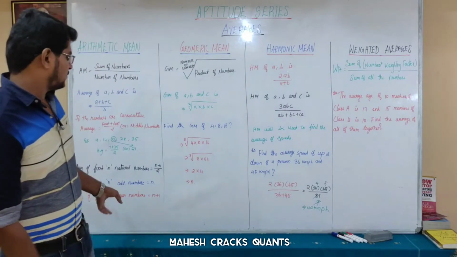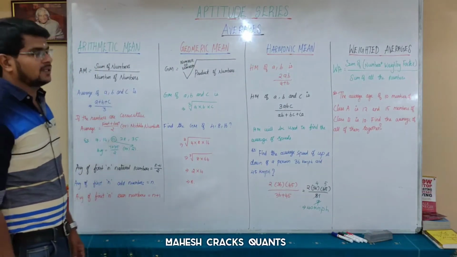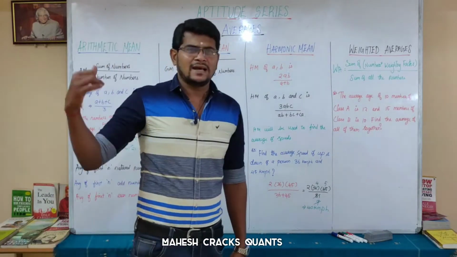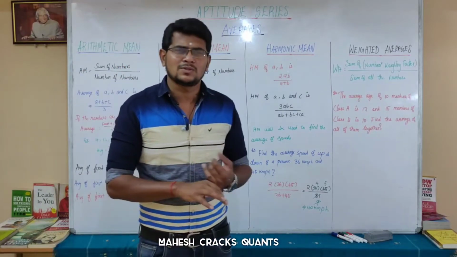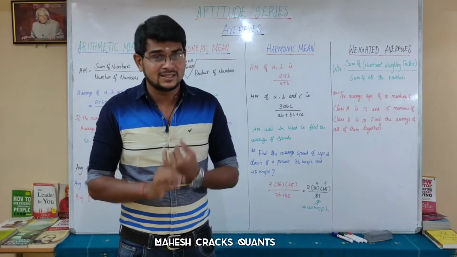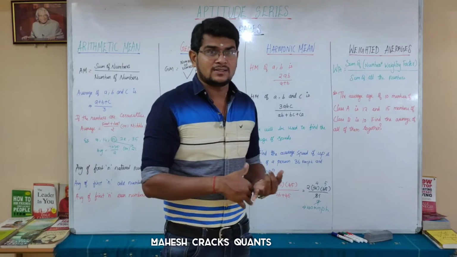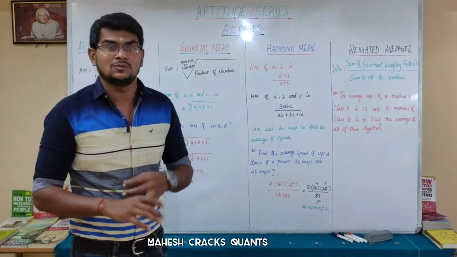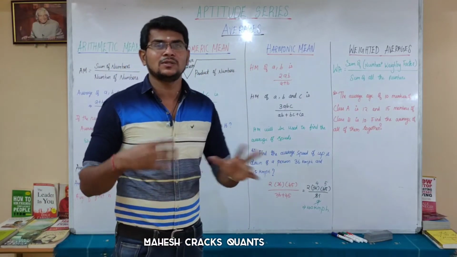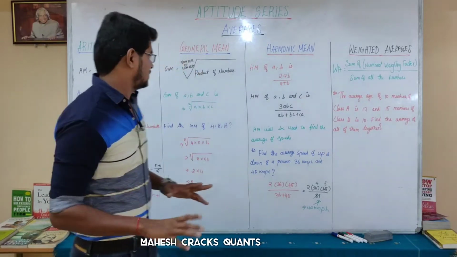That is the average of the first n even numbers. That's all about average. These averages can be asked in problems on ages and other things like salary, incomes, those kinds of things. During the examples, we will look at those things.